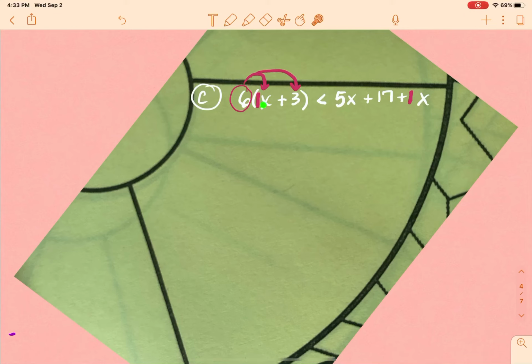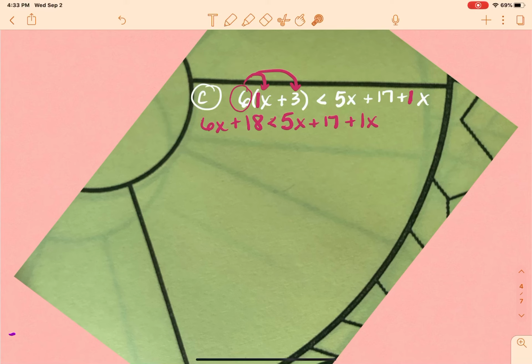So 6 times 1x is 6x. And then 6 times positive 3 is positive 18. 5x plus 17 plus 1x. I brought everything else down.